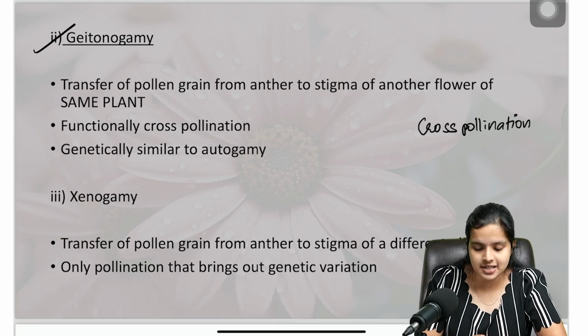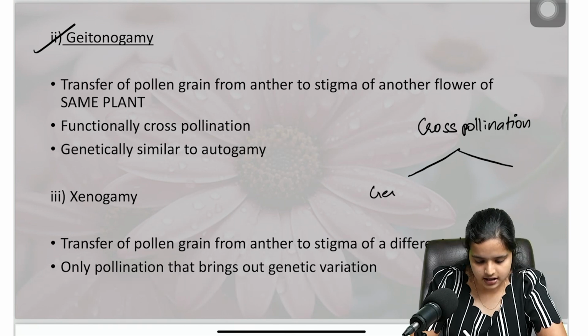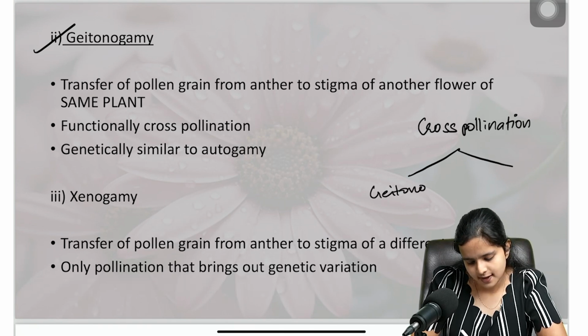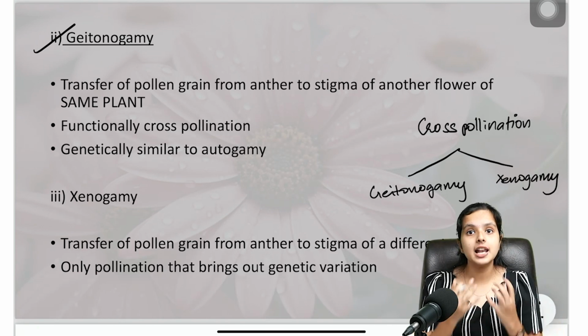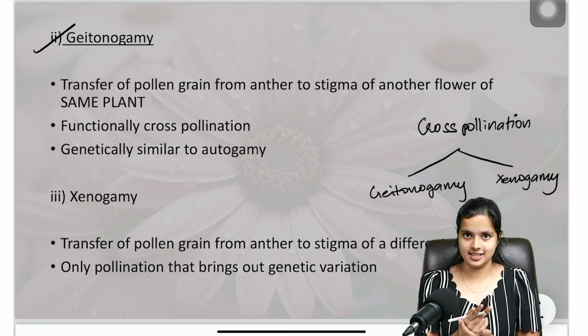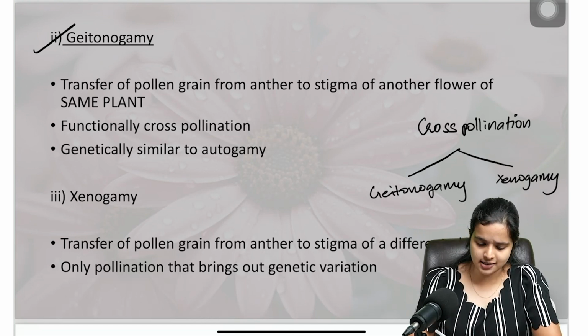But cross-pollination is an umbrella term for two other types of pollination: geitnogamy and xenogamy. So let's see what geitnogamy and xenogamy are.